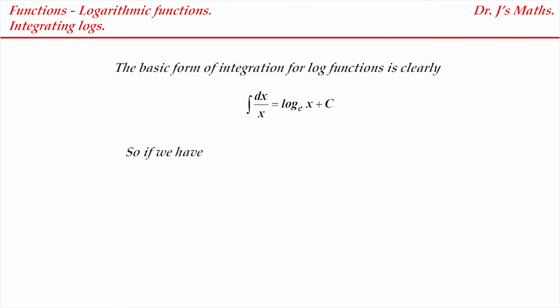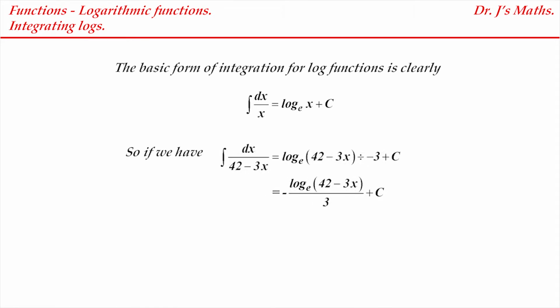So if we have the integral of dx over 2x plus 1, then that integral becomes log e, and then the 2x plus 1 follows that, and then we divide by the derivative of what's inside the brackets. So it's log 2x plus 1 to the base e divided by 2 plus c, which we can rewrite if we wanted to with log 2x plus 1 to the base e all over 2 plus c.